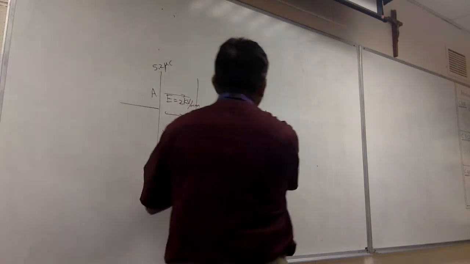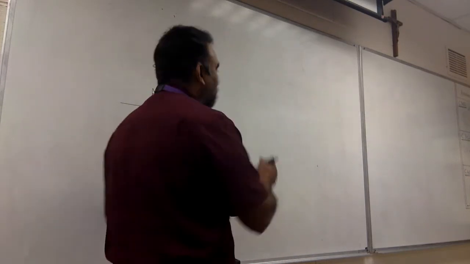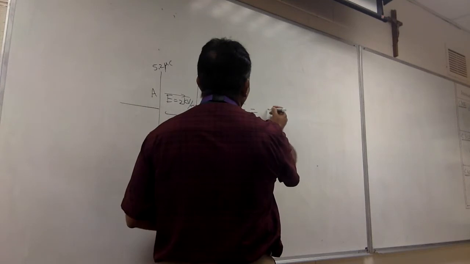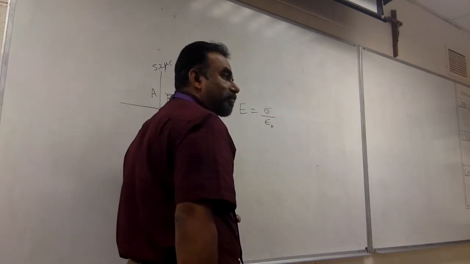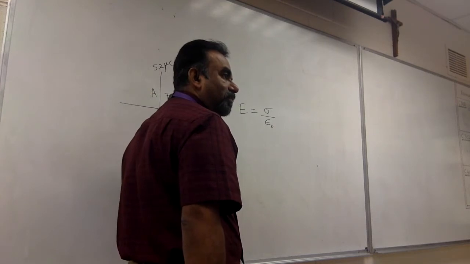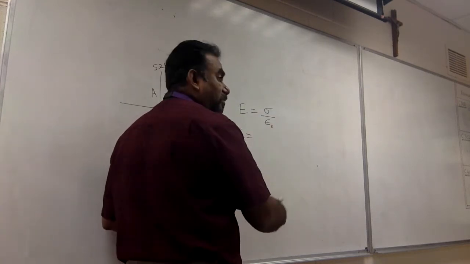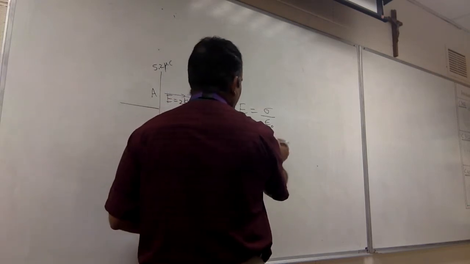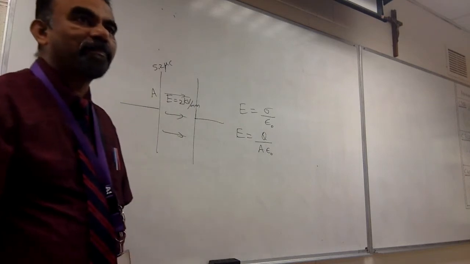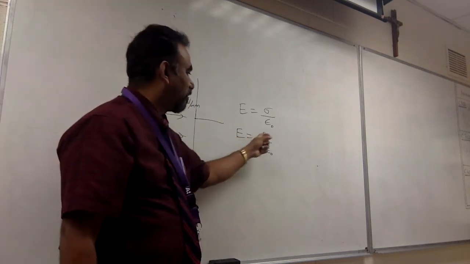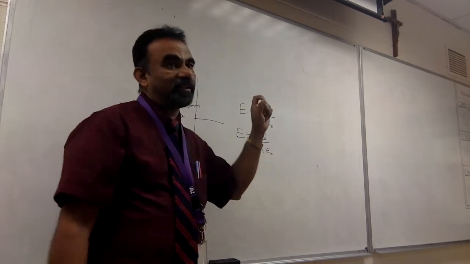What did you do? It's E equals Q over epsilon A. Yes, this one. Basically this is the charge density on the plate, which is Q over A, divided by epsilon. They gave you the field and epsilon, so you can find the area.